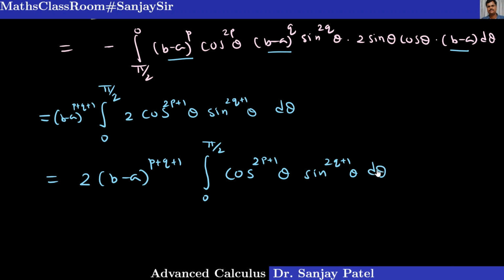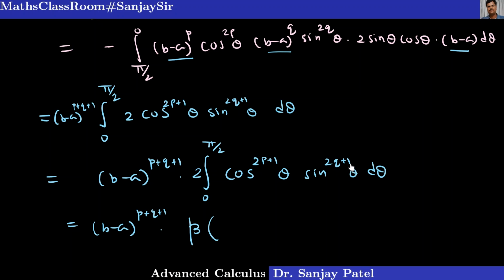Okay. And we have that formula for beta function in terms of this sine and cos. Just using that formula, I can write this as, if I write that 2 here, then this 2 times this thing, this constant I am keeping as it is, p plus q plus 1. This is given by beta of the sine raised to p cos raised to q formula. If you remember, this is power, you can say p, which is 2q plus 1.